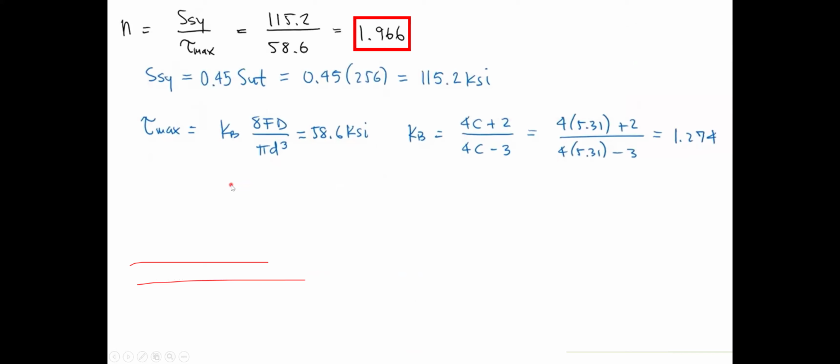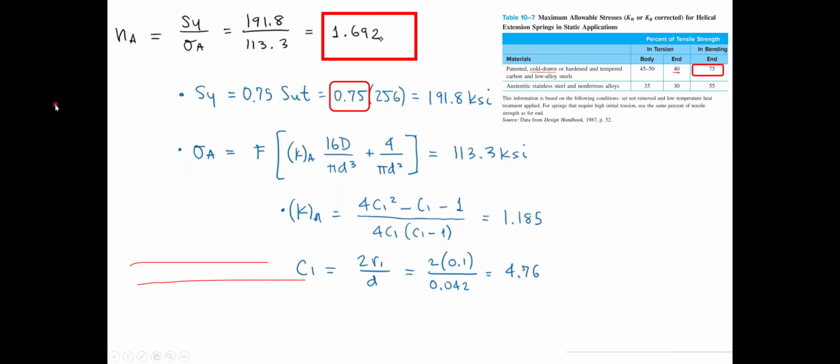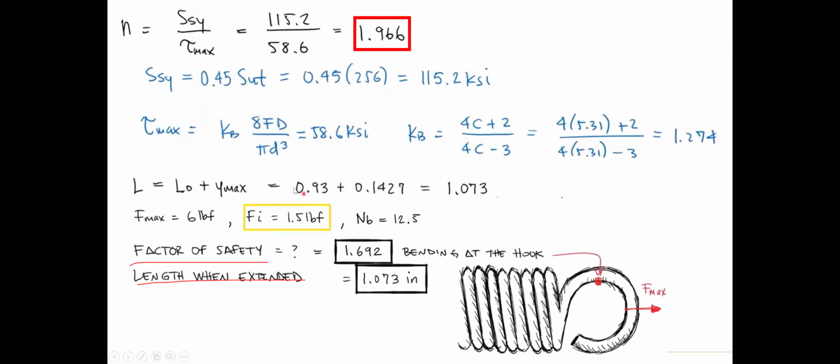We can use the safety factor at point A, the bending at the hook. And the length when extended equals the initial length plus the Y max, which is 1.073. So we should select the smallest safety factor.